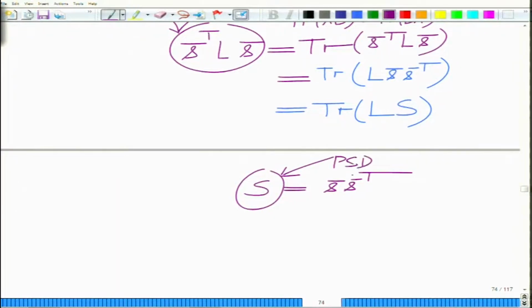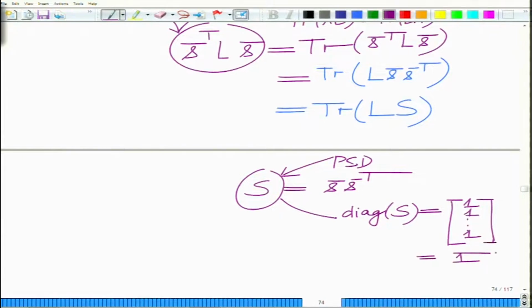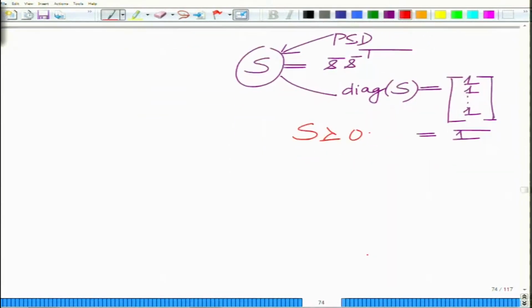The diagonal of S has all elements unity, so it has to be this vector 1 bar, and further we have seen that S is positive semi definite, S greater than or equal to 0.